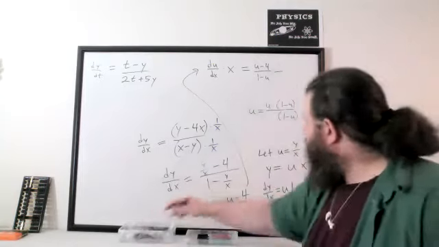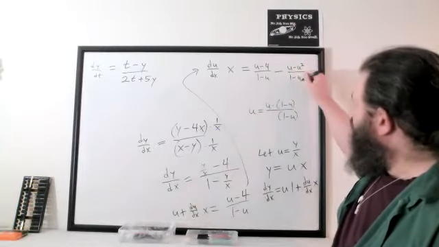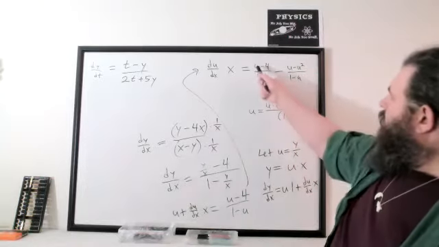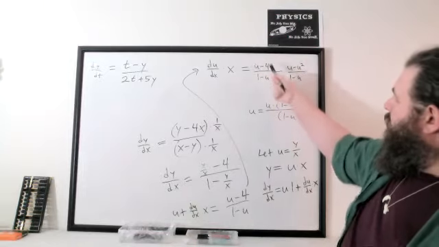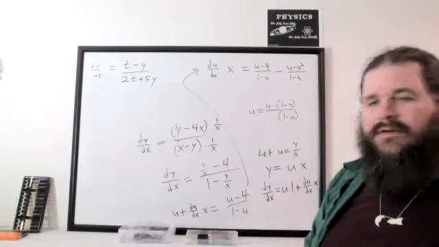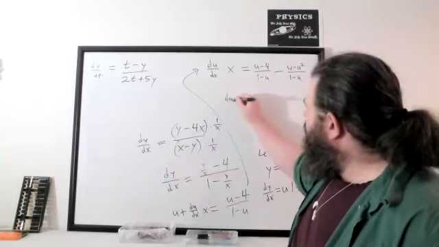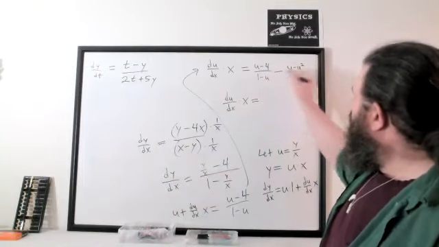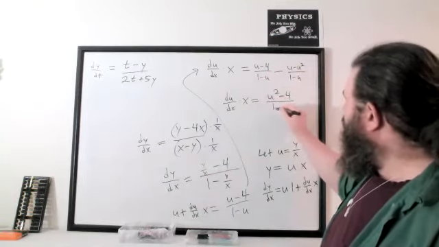So we're really subtracting u minus u squared over 1 minus u. And now we can combine these fractions. So we've got u, it looks like the u's are going to cancel out. We've got u minus u. We've got a negative 4 minus u squared. So we will have u squared minus 4. And I think that should work. So we get du over dx times x equals u squared minus 4 over 1 minus u.